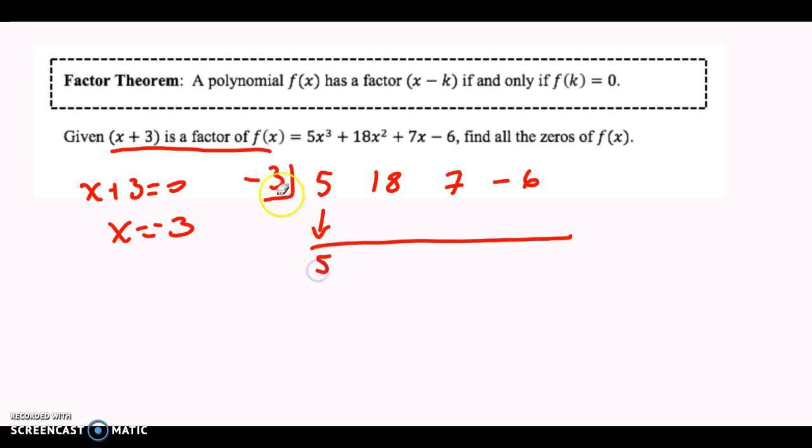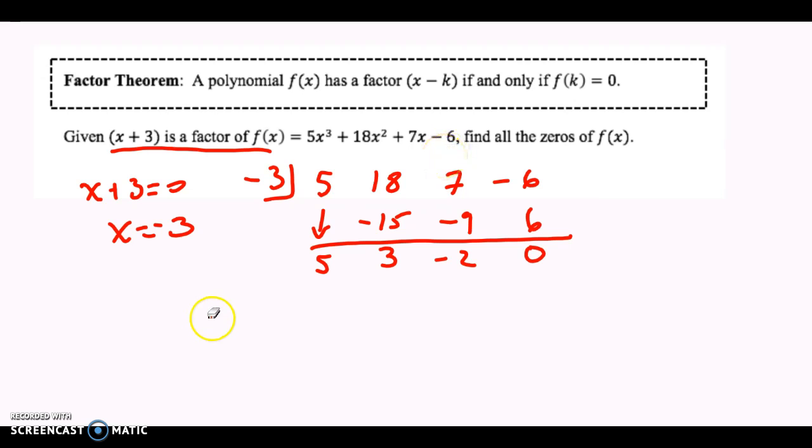I'm going to get a 5 here. Multiply those together, I'll get a negative 15. That's going to be 3. That's going to be a negative 9. That's going to be negative 2. And it's like we predicted this from the get-go, I do get a 0 out. This means that x plus 3 is a factor of 5x cubed plus 18x squared plus 7x minus 6.